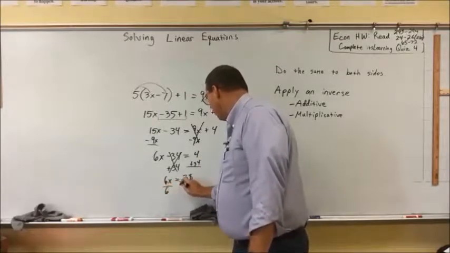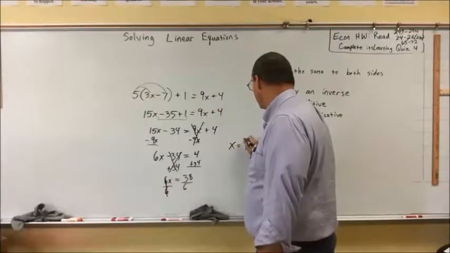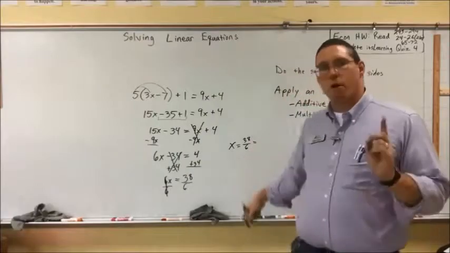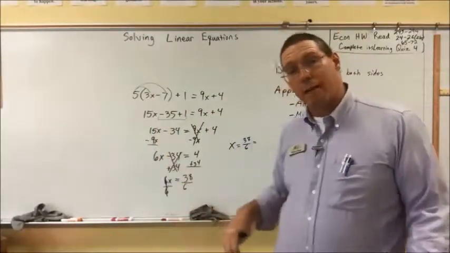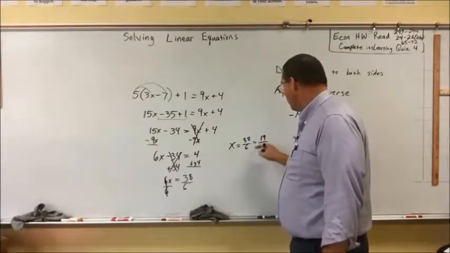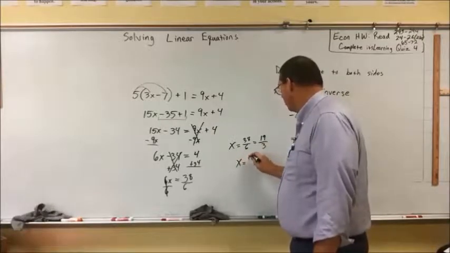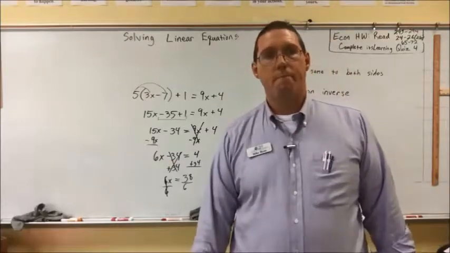Divide by 6 on both sides. We're now on to multiplicative inverses, and we have x is equal to 38 over 6. Now, 38 and 6 are both divisible by 2, so we can divide the numerator and denominator by 2. 38 divided by 2 is 19. 6 divided by 2 is 3, and we have a solution. X is equal to 19 over 3. We're good to go. Okay.